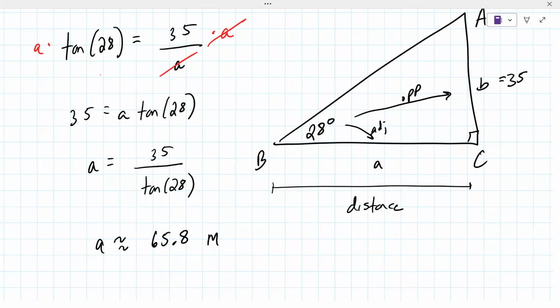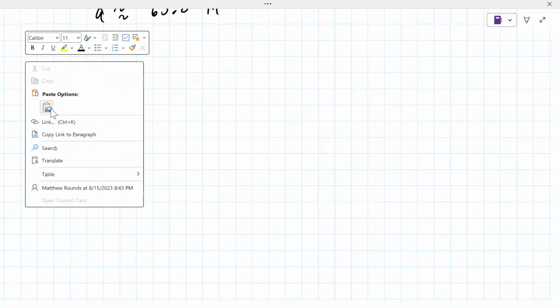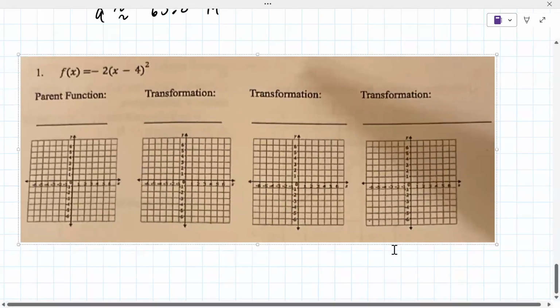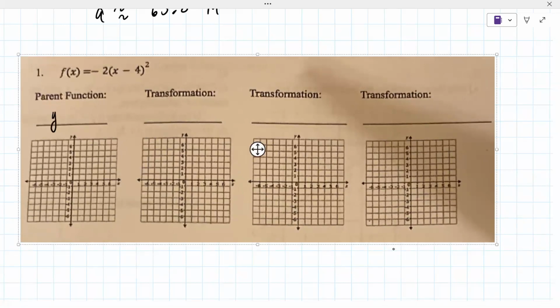Okay. Do you want us to just keep going with the transformation graphs, where it says parent function and then transformation? Sure, sounds good. We did a bunch of these, and I think you do a bunch more of these in this class. The parent function here is y equals x squared, which is a quadratic.